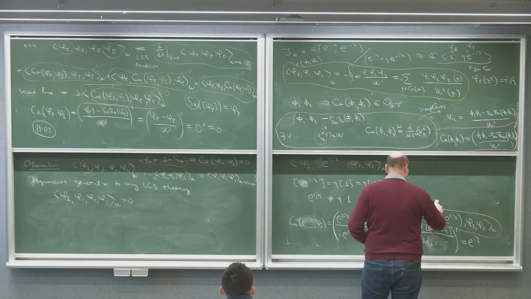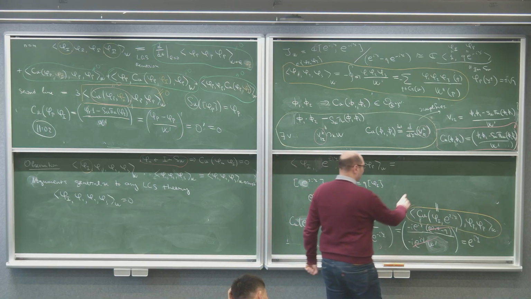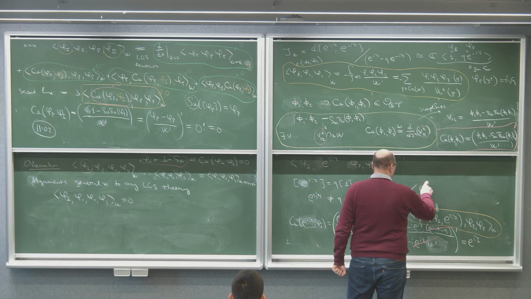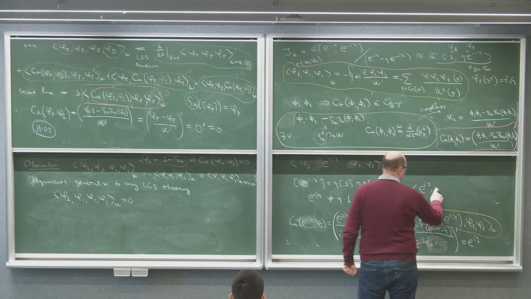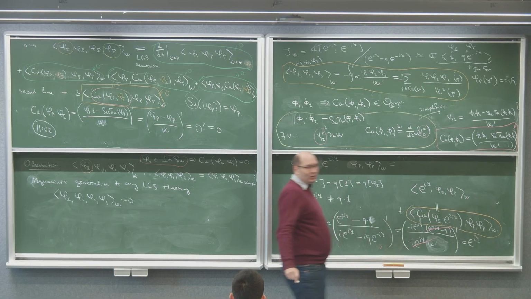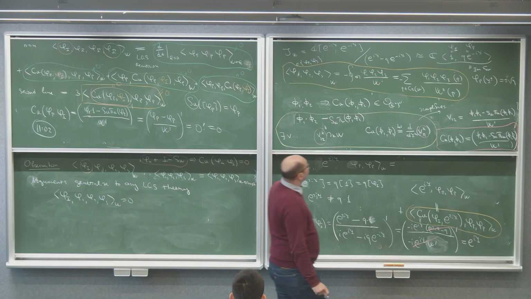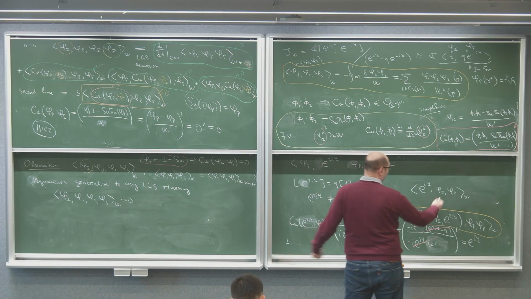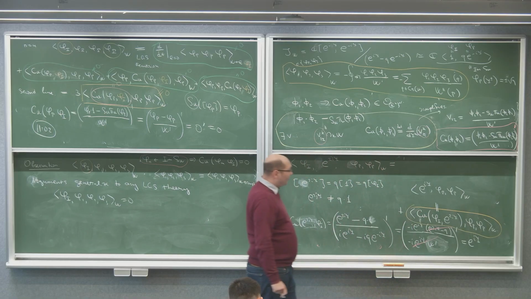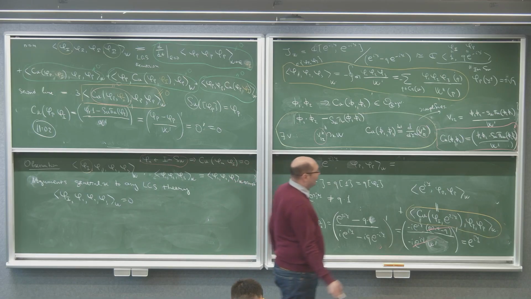So we explicitly computed the contact term, and it gives us iy as the first argument, phi p evaluated at w. Now this 3-point function is okay.